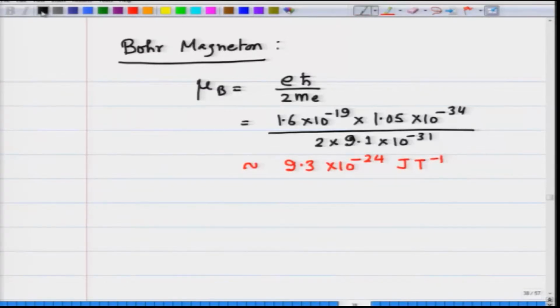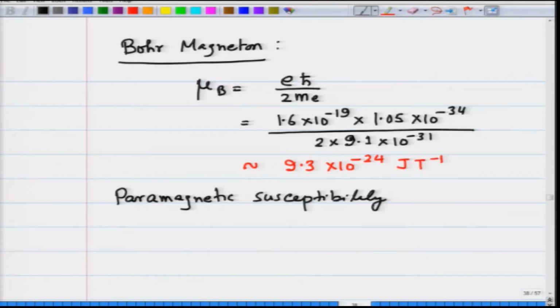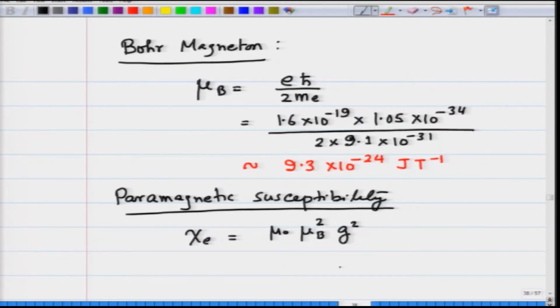Next, we calculated the paramagnetic susceptibility chi_e, which is given as mu 0, where mu 0 is the magnetic permeability of vacuum, times mu B, the Bohr Magneton, square times g square, where g is that Landé g factor, J plus 1, divided by 3 k_B T. So, let us find the order of magnitude of magnetic susceptibility.